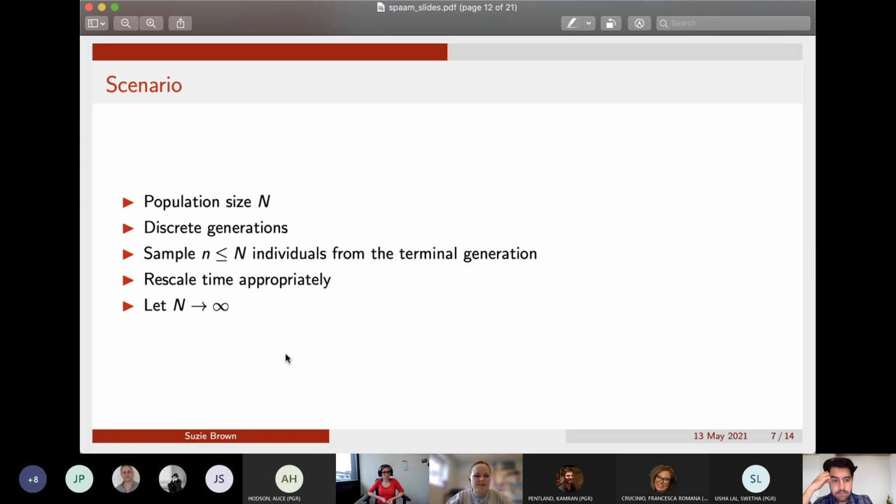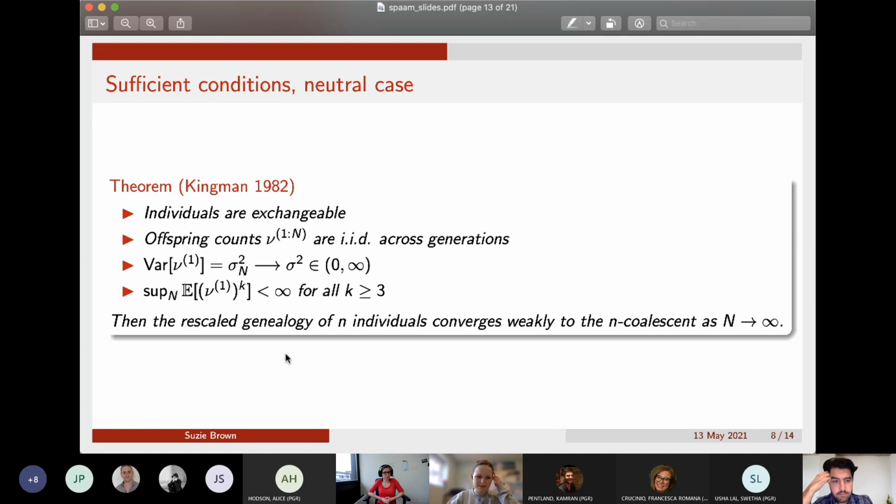Okay, so the first result, which is from Kingman in 1982, who is the guy who came up with the coalescent, and in the same year he came up with this series of 3 papers culminating in this theorem. So he assumes the case where the individuals are exchangeable. That means that the distribution of the offspring counts doesn't depend on which individual you're looking at.